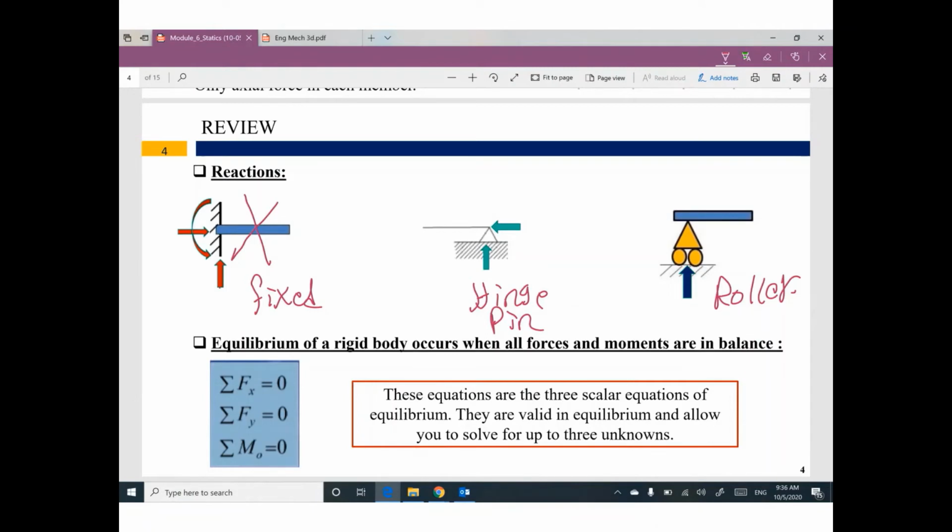Most of the time we will find hinge or roller. A hinge has two reactions, one horizontal and one vertical. A roller has only one reaction. To figure out reactions, we have three equilibrium equations: summation of Fx equals 0, summation of Fy equals 0, and summation of moment at any point equals 0.